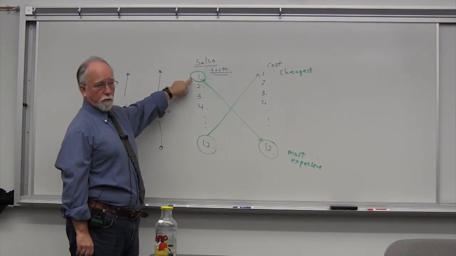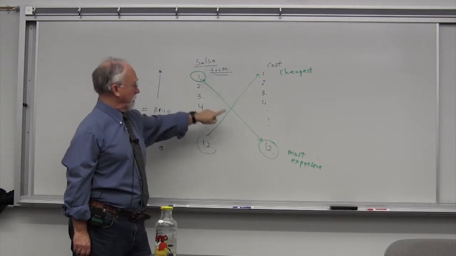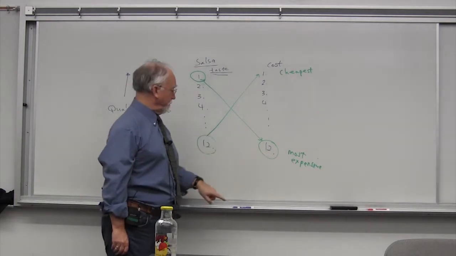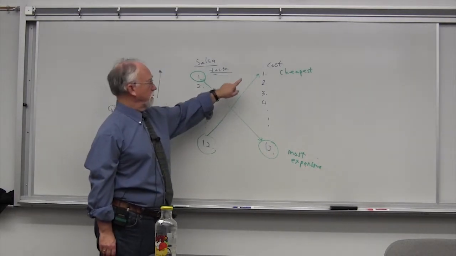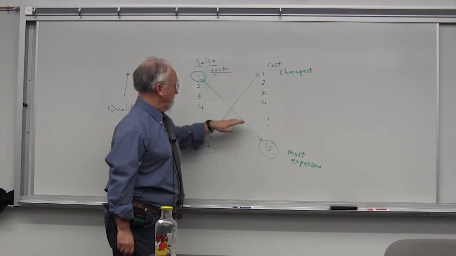So we can anticipate that the one that tastes the best is going to be the most expensive, and the one that tastes the worst is going to be the cheapest, and in the middle as we go.